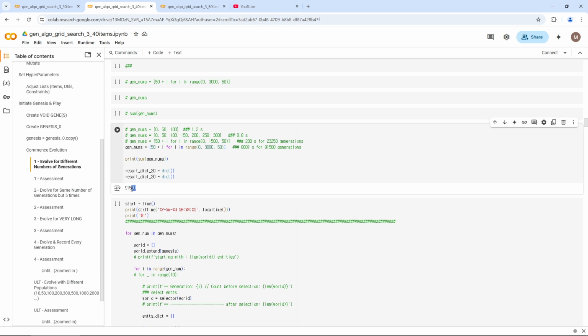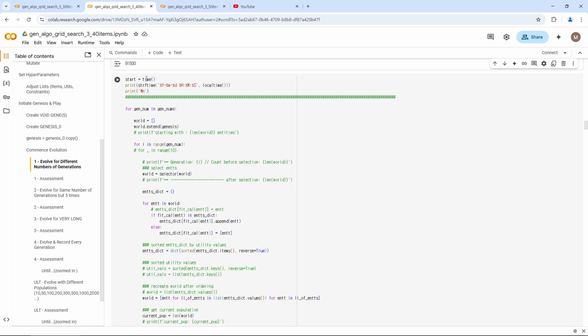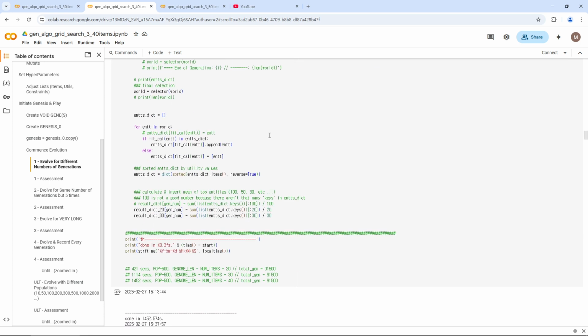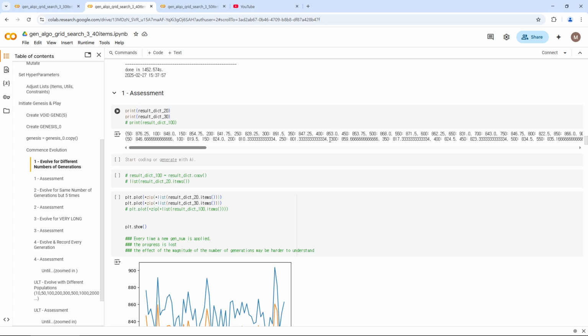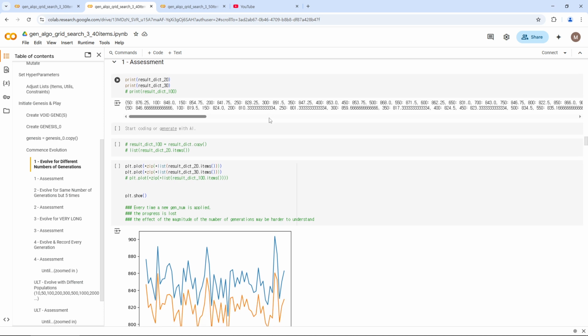In total, they add up to 91,500. And because, like I've always said, I'm not going to run these cells on Google Colab because they just take too long, these are the results that I got when I ran these cells on my MacBook Pro 2024, bought in January 2024, the new one.